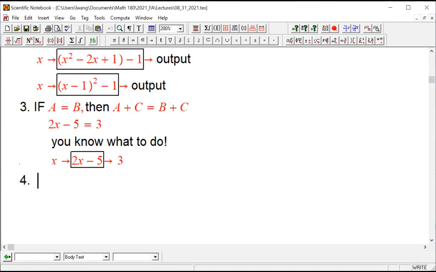Principle number 4. What is principle number 4? If A is the same as B, then A times C is the same as B times C. Have I completed stating that principle?